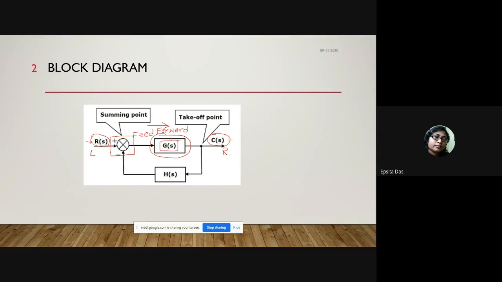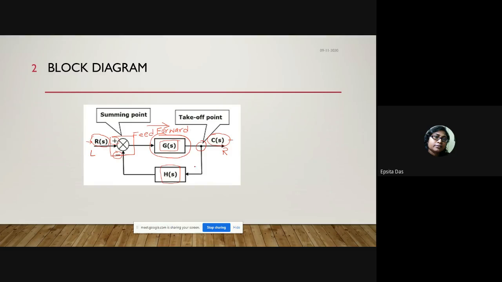This type of symbol is known as a summing point, or summer, or sometimes a comparator. Whether it is a positive or negative sign, we generally call it a summing point. The point from where we take off a signal is called a take off point. This signal is taken off from this point and, through this particular transfer function, goes to the summing point.